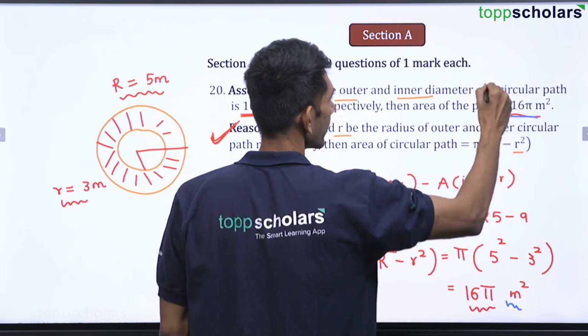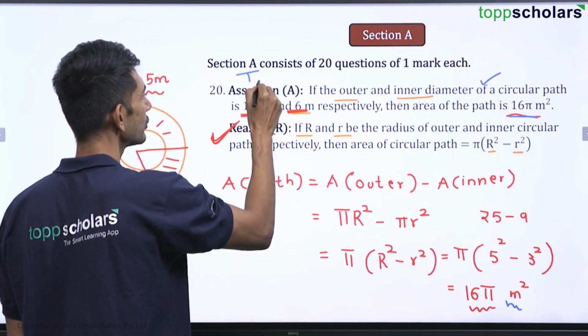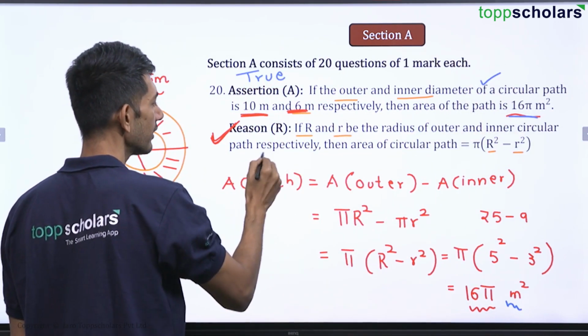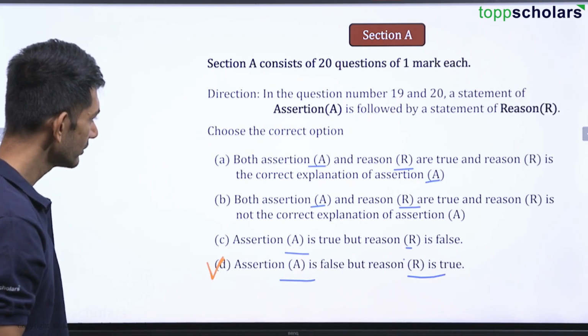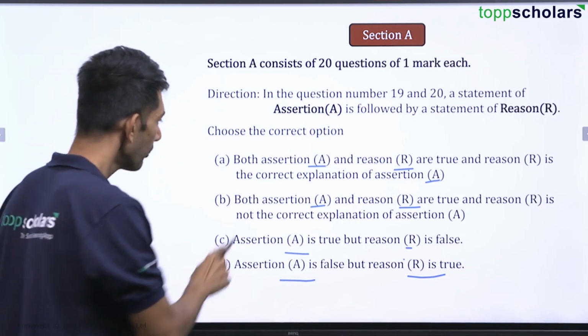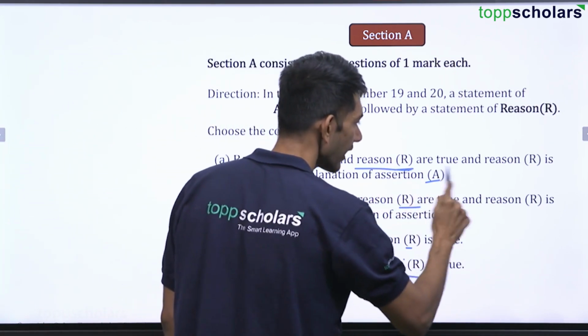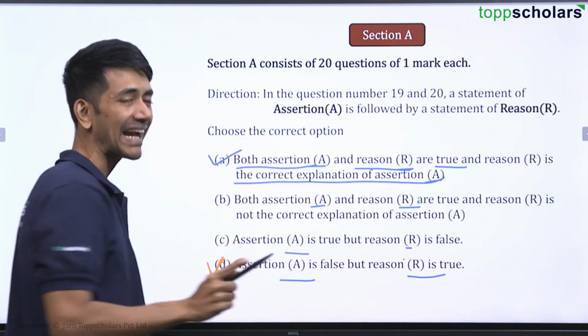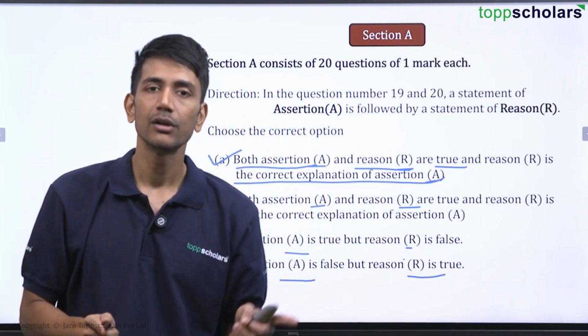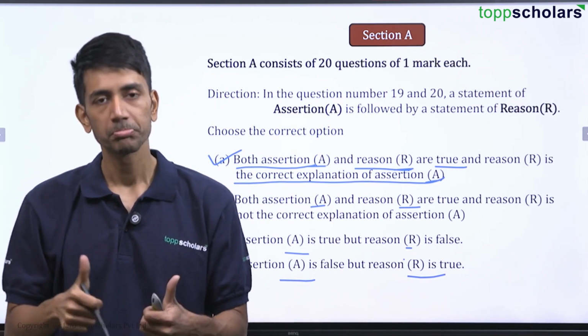So this is also correct. So I can say that the assertion is true and the reason is also true. So for 20th question, both assertion and reason are true, yes. And also the reason is the correct explanation because exactly that formula we have used to find out the area of the circular ring. So yes.